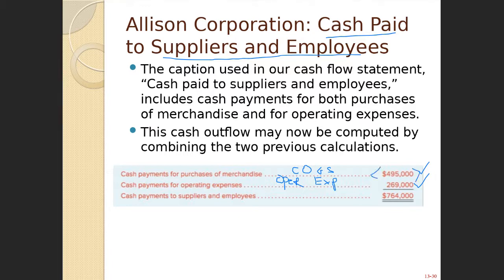So we add the $495,000 plus the $269,000 of cash payments for operating expenses. Now we have a subtotal of a cash outflow, or use of cash, of $764,000 on the statement of cash flows. Always use the same formula. So that's just a subtotal that we're doing here. Everybody good?